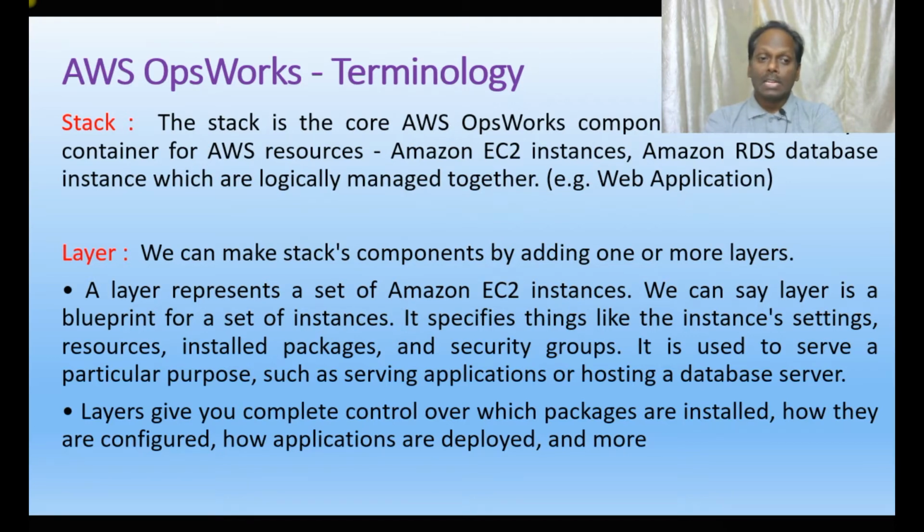We can say a layer is a blueprint of a set of instances. It specifies things like instance settings, resources, installed packages, and security groups. It's used to serve a particular purpose, such as serving applications or hosting a database server. Layers give you complete control over the packages which are installed, how they are configured, and how applications are deployed, and many more. We'll be doing that exercise today.